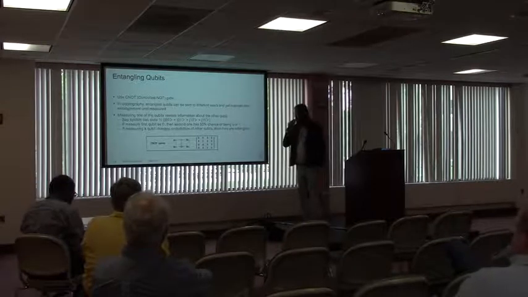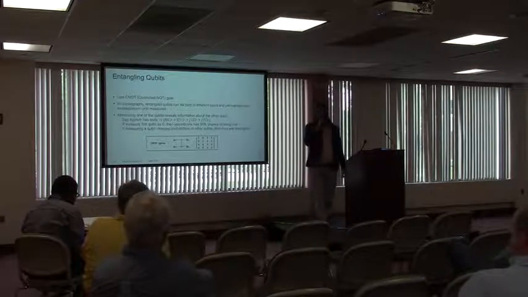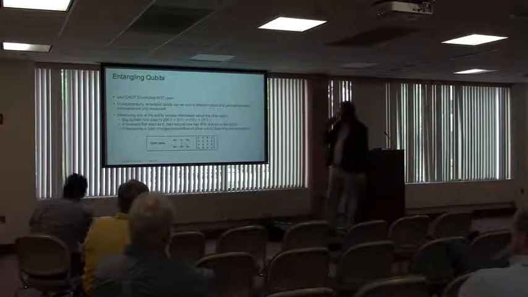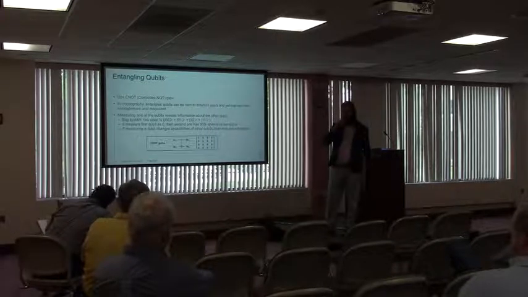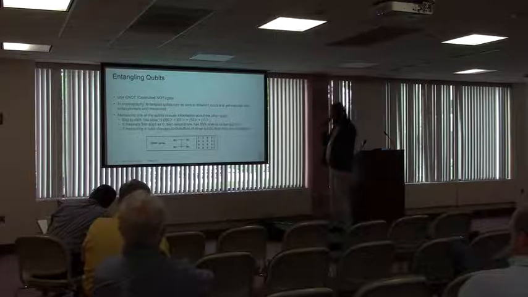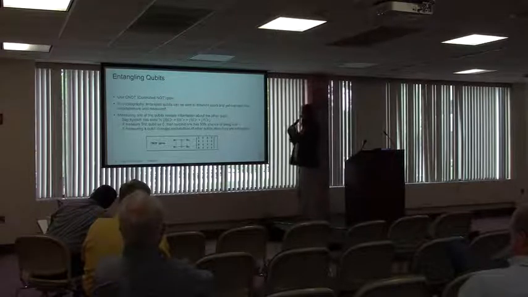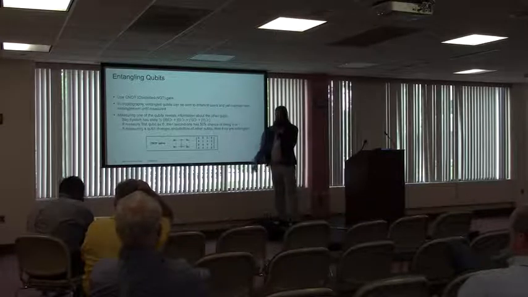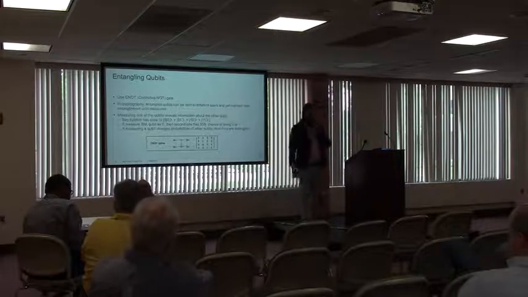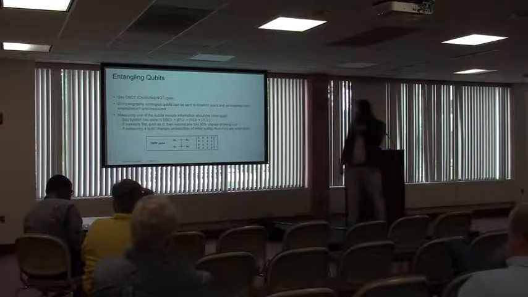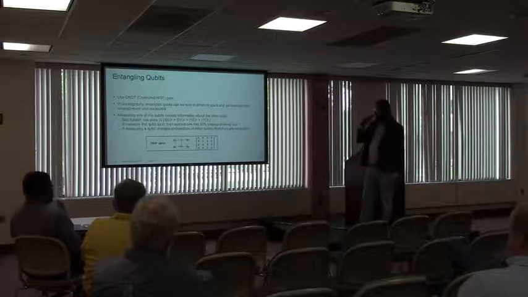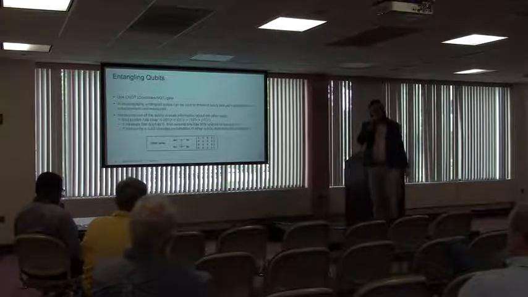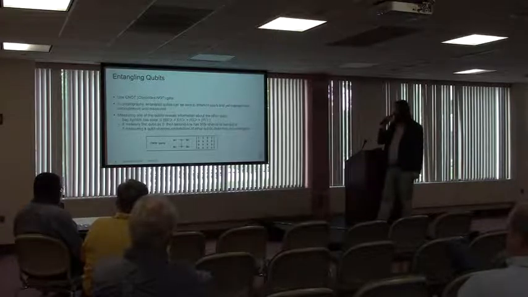However, if you measure the first qubit and find that its value is 0, then it changes the likelihood of the second qubit being a 0 or 1. Now the second one will have a 50% chance of being a 0 or 1.